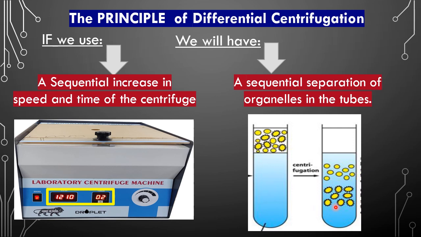Surely the heavier ones will separate first. Each time we take our pellet containing the organelles already separated with a defined time and speed, and we put the supernatant again in the instrument and change to more time and more speed to get the separation of other organelles.